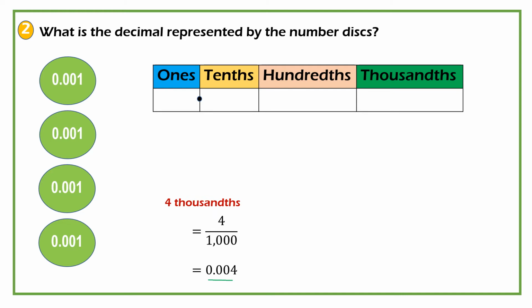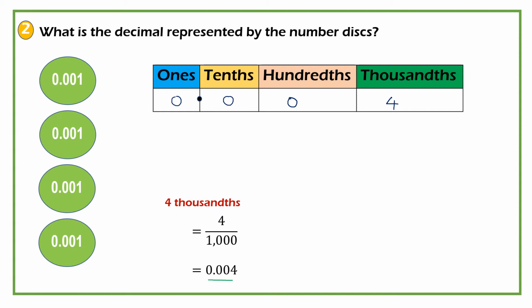Okay? Now we can show this in the place value chart. So we can place 0 in ones place, then 0, 0, 4.